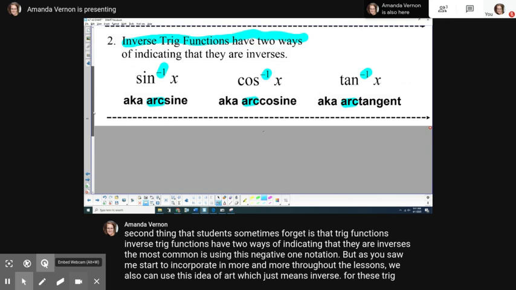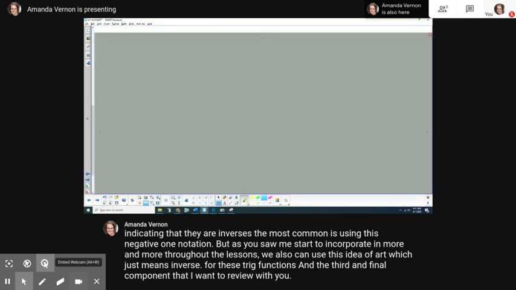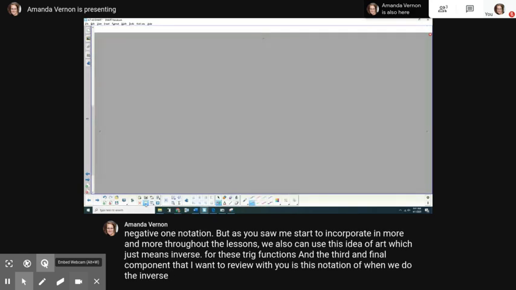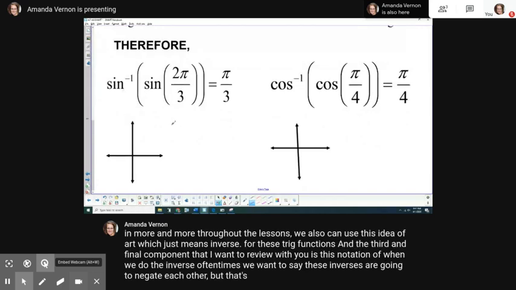And the third and final component that I want to review with you is this notation of when we do the inverse. Oftentimes we want to say these inverses are going to negate each other, but that's not always true.